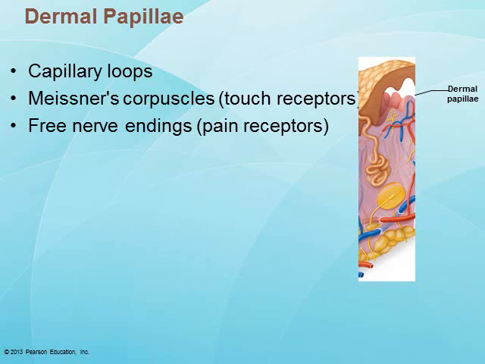And at the same time, you see those yellowish fibers, those are our pain receptors, those are the free nerve endings. That's how you sense pain. So the more papillae you get, the more sense receptors you will get there. So that's for the dermal papillae.